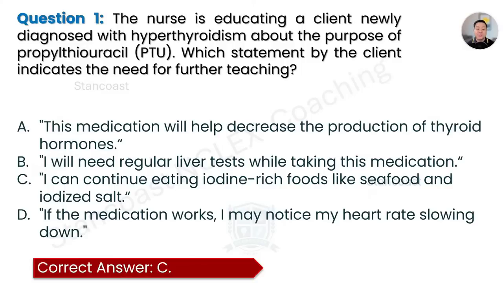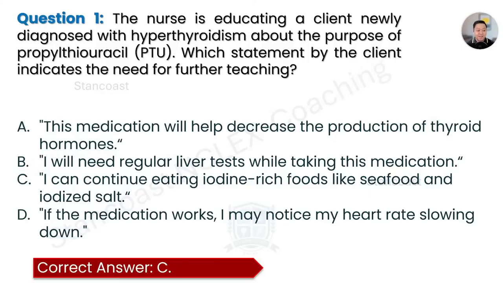Now, going back to the PTU, this is a drug that also inhibits the peripheral conversion of T4 to the more active T3. This statement aligns with the therapeutic purpose of the medication, so it indicates proper understanding. So when you're faced with this type of question, you have to look for a statement that contradicts the purpose of PTU. So you eliminate this option.